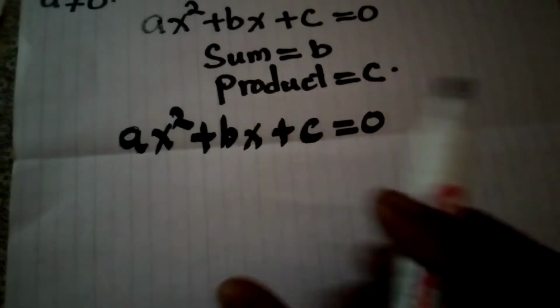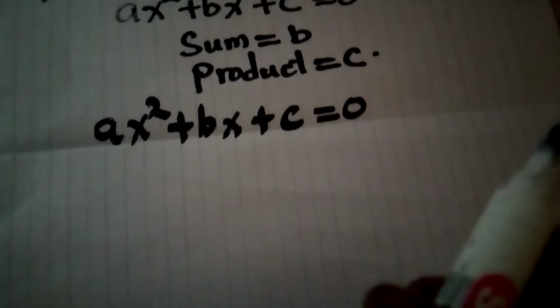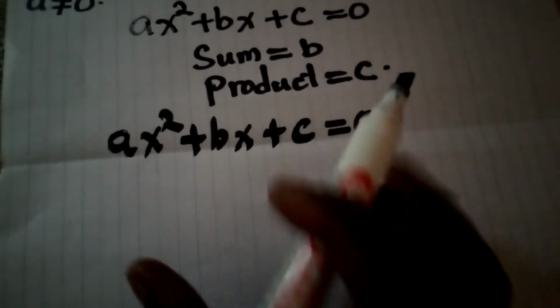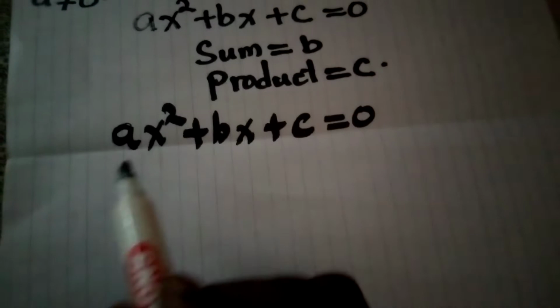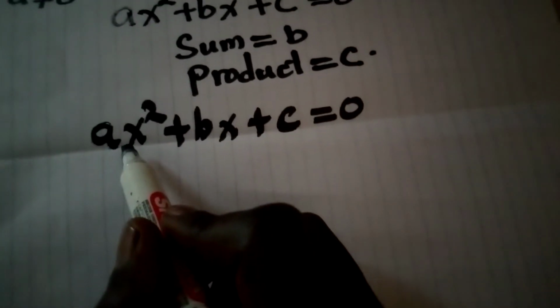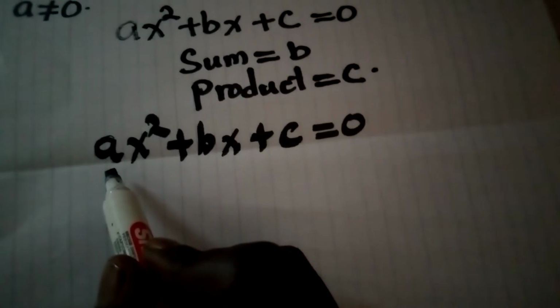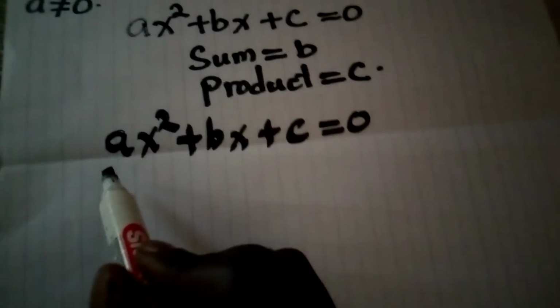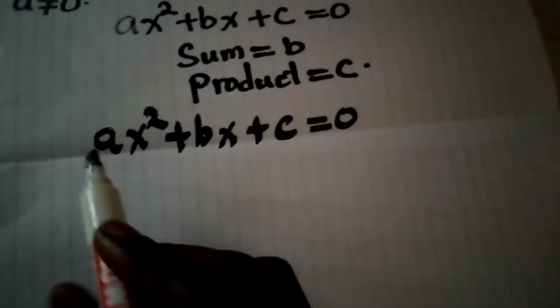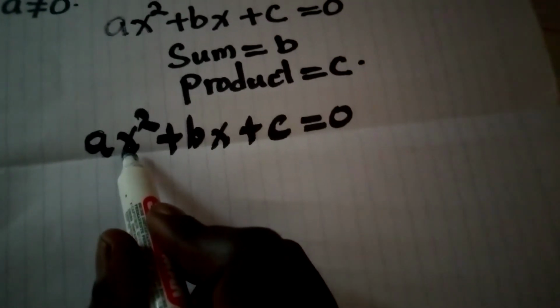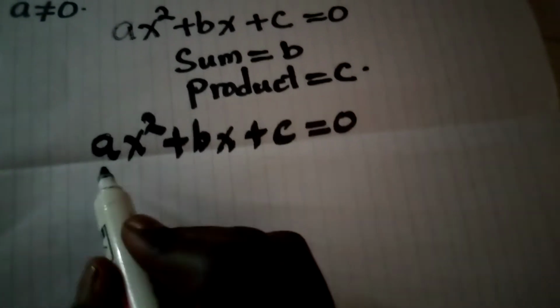So for us to solve this quadratic equation using the method of completing squares, we first of all have to make sure that the coefficient of x squared is not more than 1. So the coefficient is supposed to be 1. Which means for us to make the coefficient of x squared 1, we have to divide all through by a.